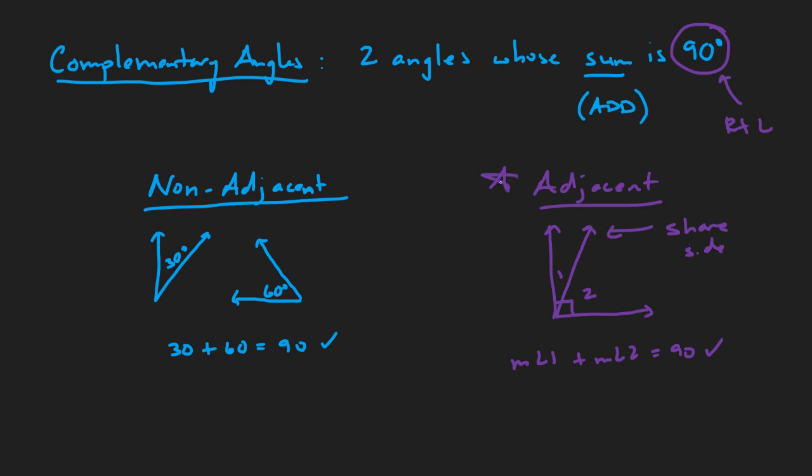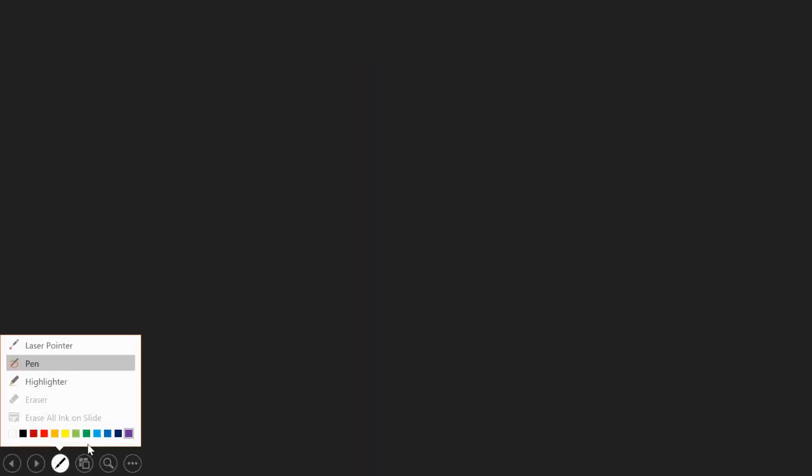This one, you're going to deal with a lot more than the other one, right? The adjacent one. Okay, but to be honest, of the three angle pairs I talk about in this video, complementary is the least important. Okay, last angle pair here, and these are very important, and we're talking about supplementary angles.